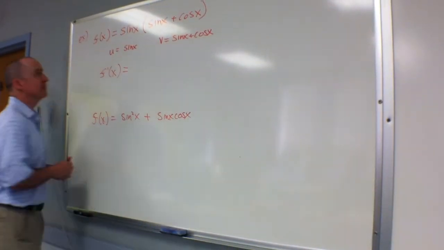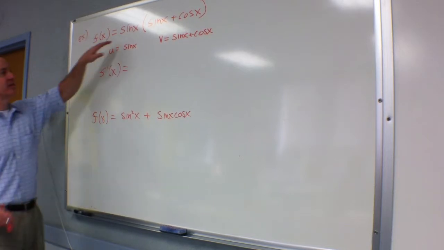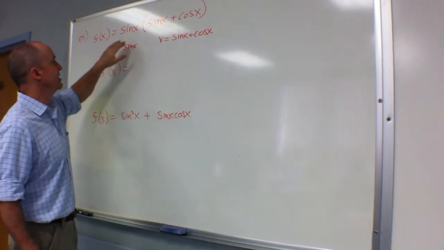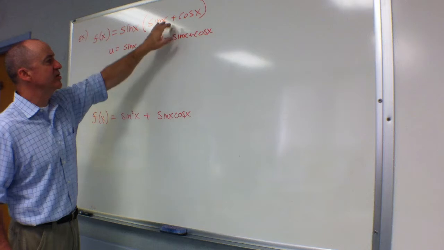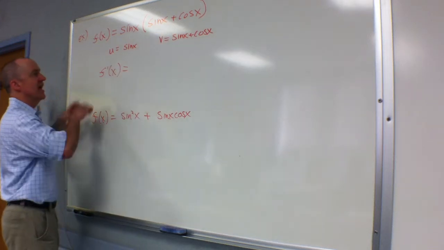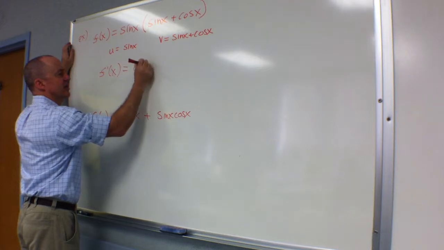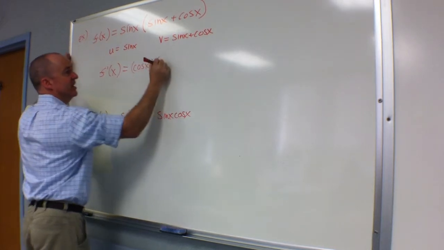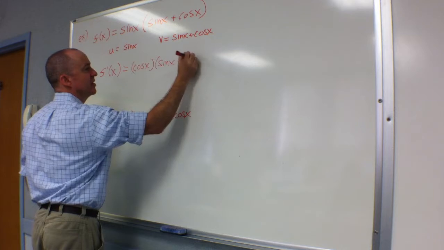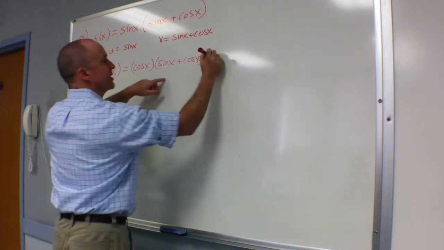Okay, given sine x times (sine x plus cosine x), and letting u be sine of x and v equal sine of x plus cosine x, f prime of x is going to be u prime, which is cosine x, correct? Times v, which is sine x plus cosine x.